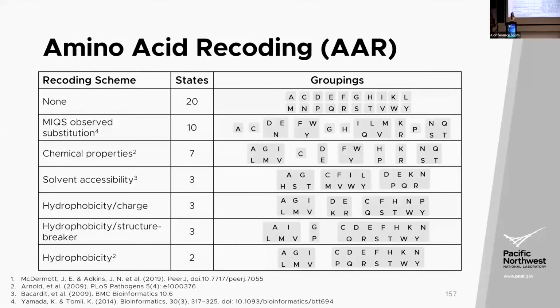So to address this issue, we have developed an approach that we've termed amino acid recoding, which is relatively self-explanatory, but I'll explain in a little more detail. What amino acid recoding, or AAR, does is group amino acids by, for instance, chemical properties or other measures of similarity.